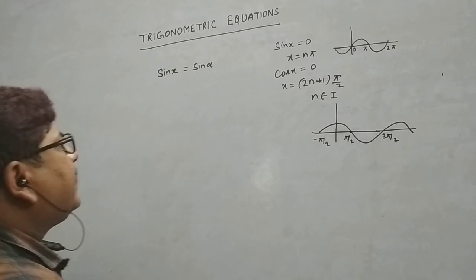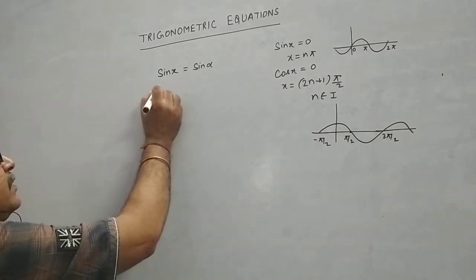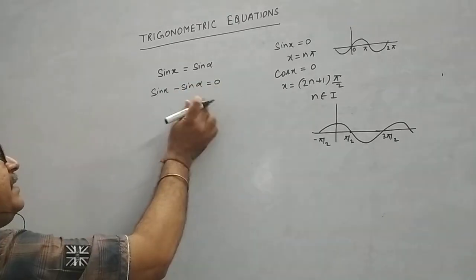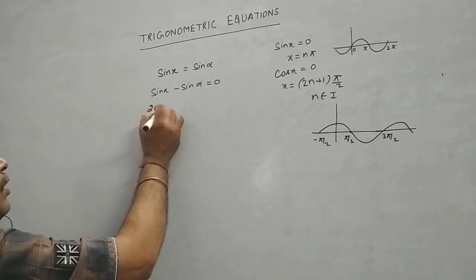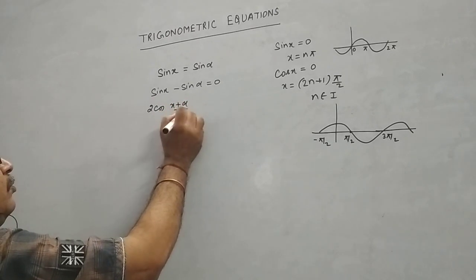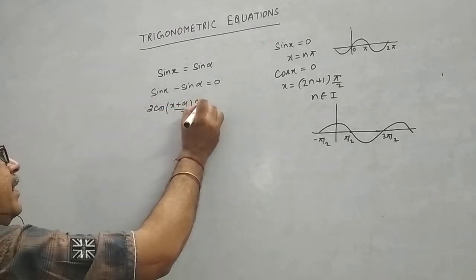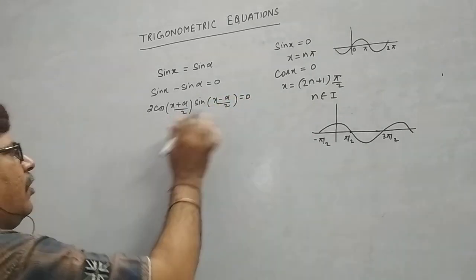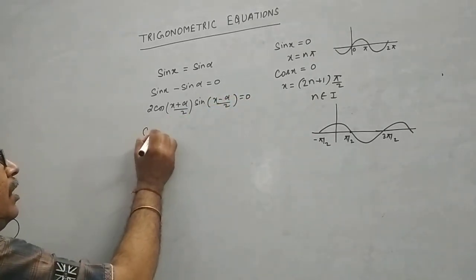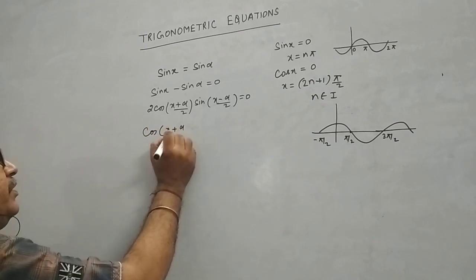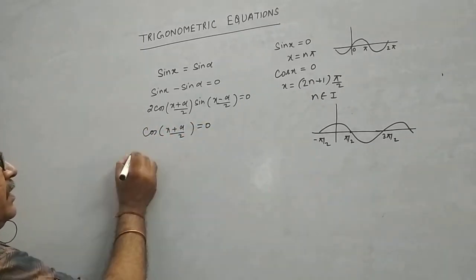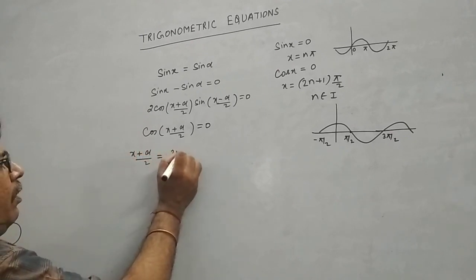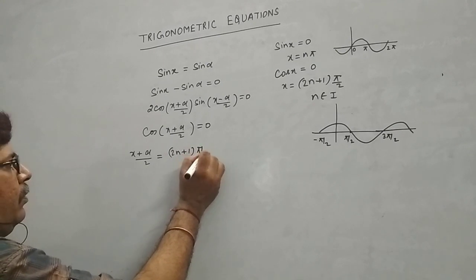Now, taking sin x is equal to sin alpha, so sin x minus sin alpha is equal to 0. Using sin c minus sin d, we get 2 cos (c plus d) by 2 into sin (c minus d) by 2 is equal to 0. So either this is 0 or this is 0. So cos (x plus alpha) by 2 is equal to 0. This results in (x plus alpha) by 2 is equal to odd multiple of pi by 2.